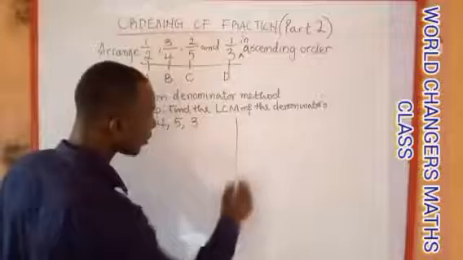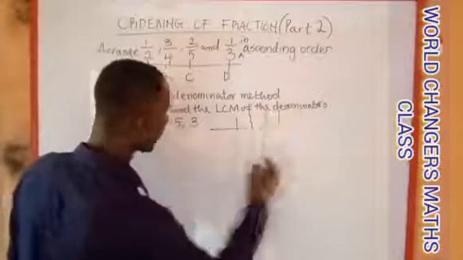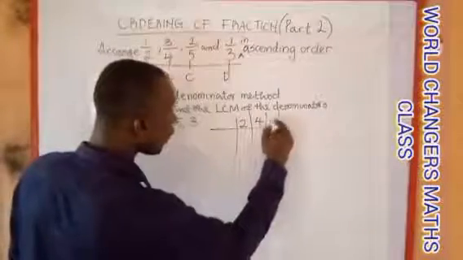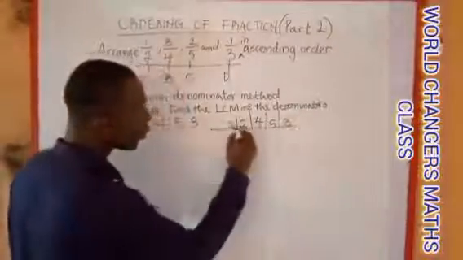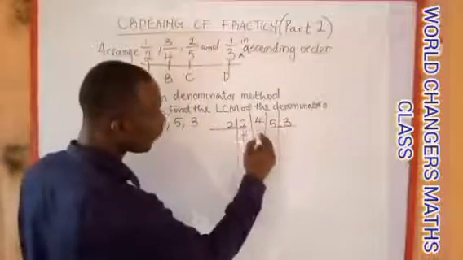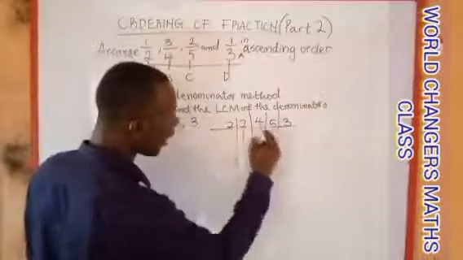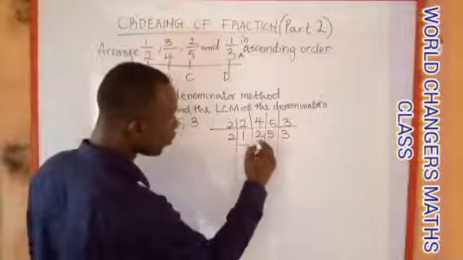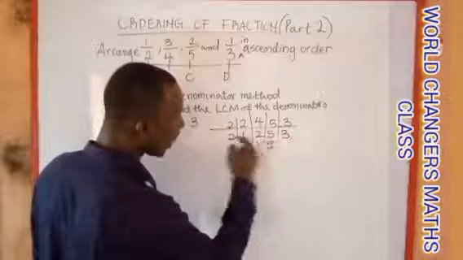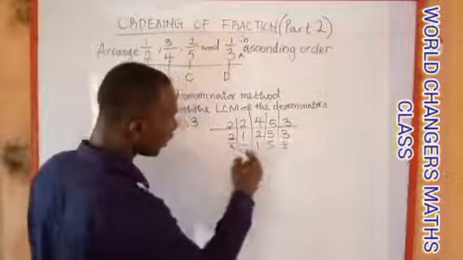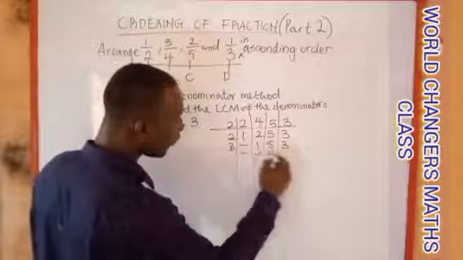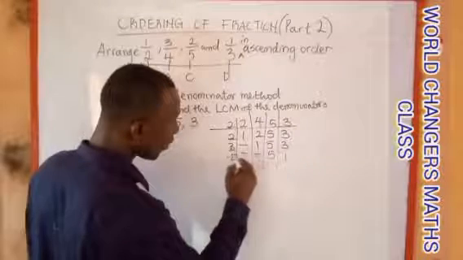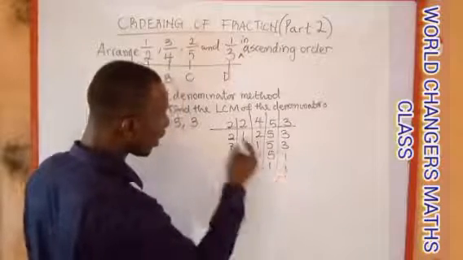Now let's solve this. 2, 4, 5, and 3. 2 into 2 is 1, 2 into 4 is 2. 2 cannot go into 5, and 2 cannot go into 3. 2 into 1, 2 cannot go into 5, 2 cannot go into 3. 3 cannot go into 5, 3 can go into 3, 1, 5, 1, 1.